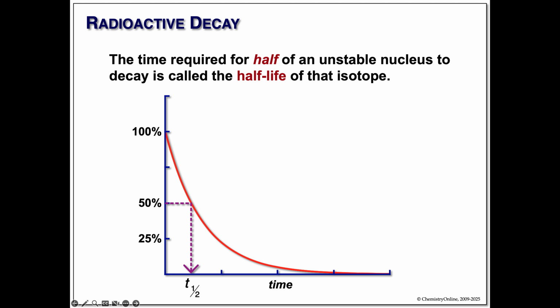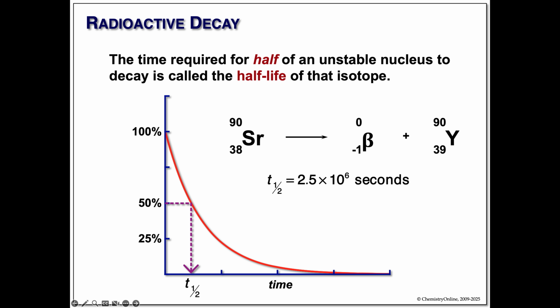The time it takes to do that is our half-life. An example, strontium-90 loses a beta particle to form yttrium-90. The half-life is almost 30 years. So if we started off with a gram of strontium-90, 30 years later, we would have half a gram.